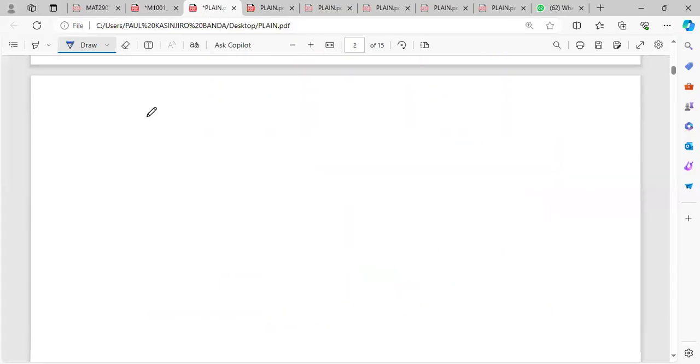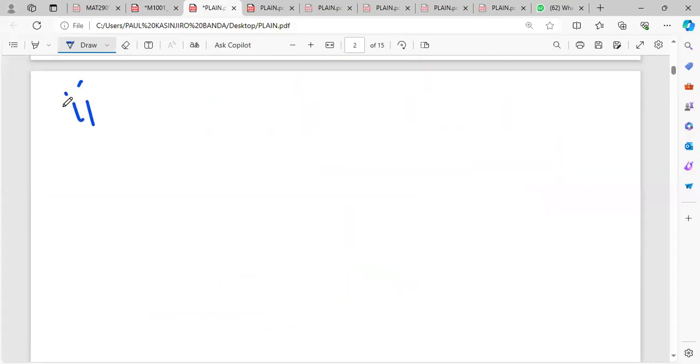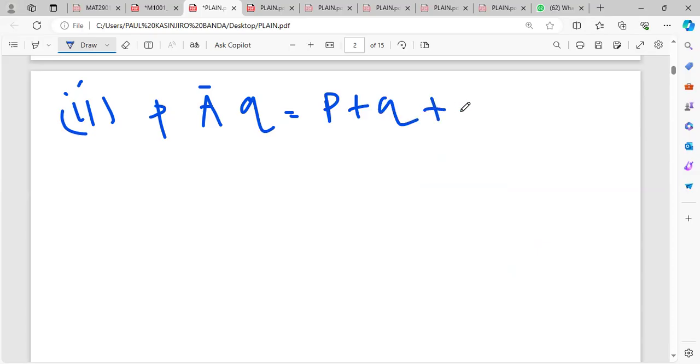So number 2 now, what do we have? We have P A bar Q is equal to P plus Q plus the cube root of 15. So these things are very easy, guys. These are free marks if they come in the exam, because they are just proofs.